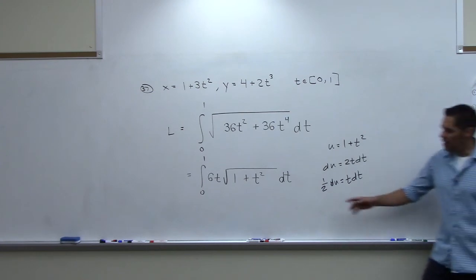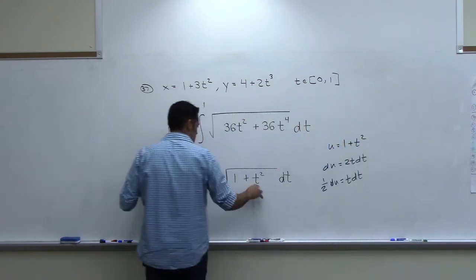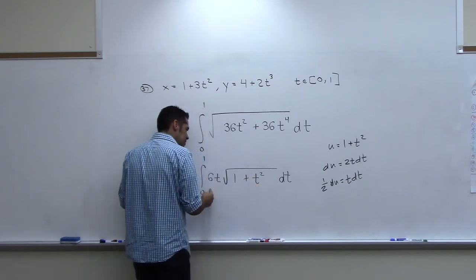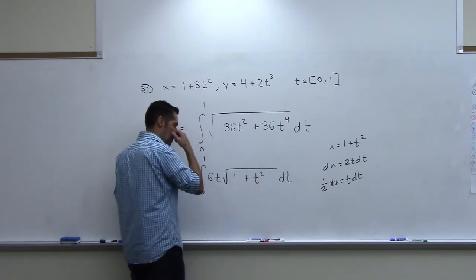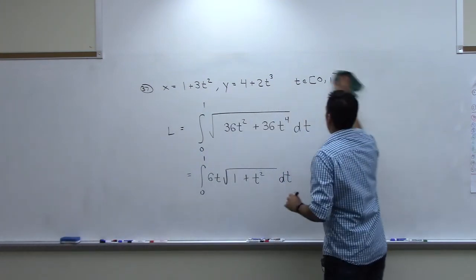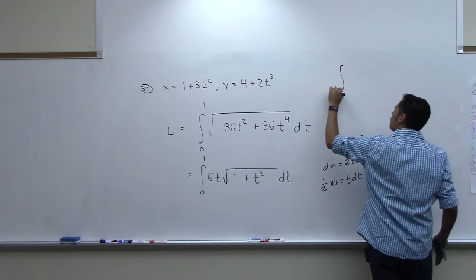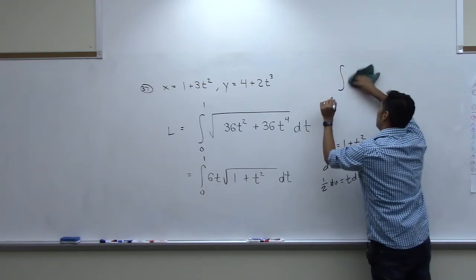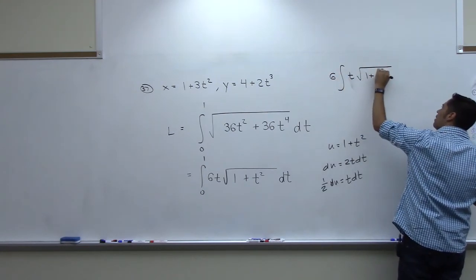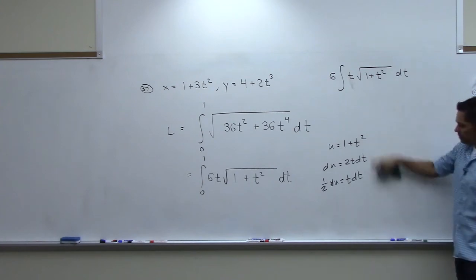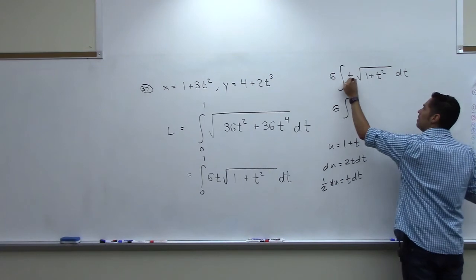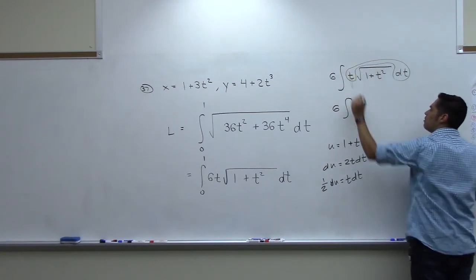So we noticed that if you look at the inside here, 1 plus t squared, let that be u. The derivative of that is 2t. You have 6t. You're off by a constant. It's okay. I'm going to work on that integral by itself without the definite part, without the 0 to 1. If I have the integral of 6t root 1 plus t squared dt, let's take the 6 out, and I make this substitution, then it's going to be 6 times the integral of t dt, which is 1/2 du.